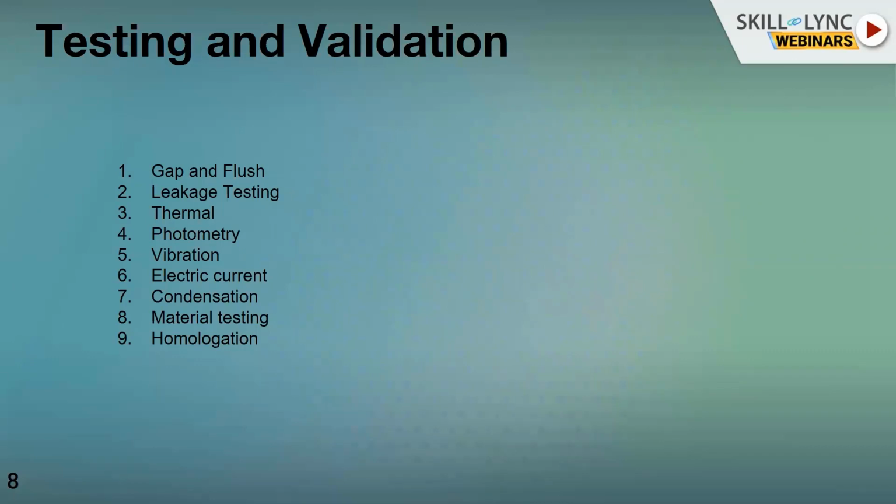The fifth number is the vibration. Every OEM is having certain vibration requirement, like 66 or 56 hertz, depending on their condition. So why is it important? Because on the road, we know in the Indian roads, the vehicles, we are not having very smooth roads. So vibration is possible in the light also.